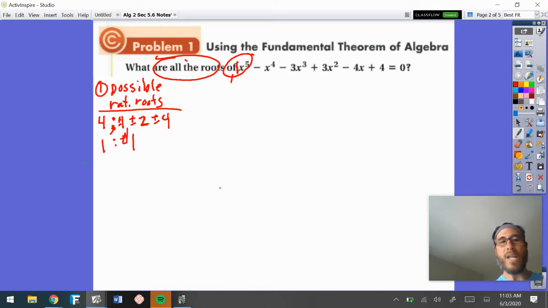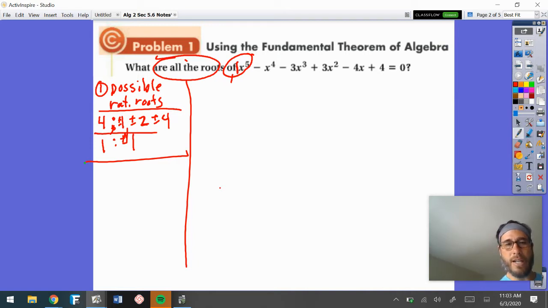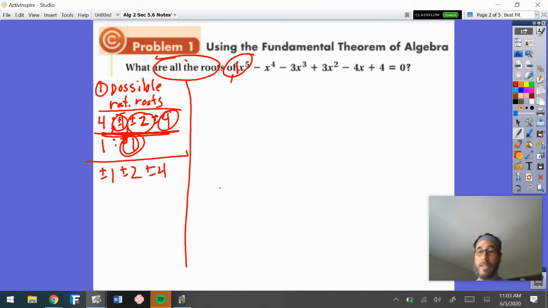So what we do now to find our possibilities is the little division. I'm going to skip one step here. Let's divide those. 1 divided by 1 is 1, so that's a possibility. 2 divided by 1 is 2. 4 divided by 1 is 4. So there's really only 6 possibilities, and we've got to find 5 roots. Remember, it's not just rational, it's rational and imaginary.